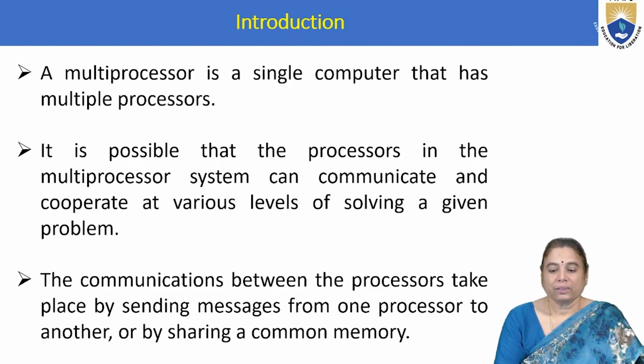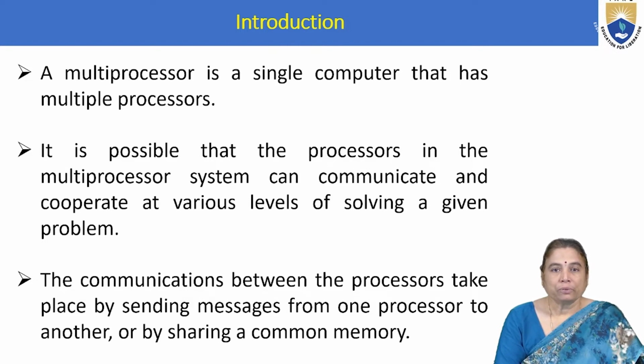In contrast, in a multiprocessor system, more than one processor can be employed in order to execute multiple tasks simultaneously, thereby supporting parallel processing. So, the concurrent execution of various tasks can be carried out with the help of multiprocessor systems.